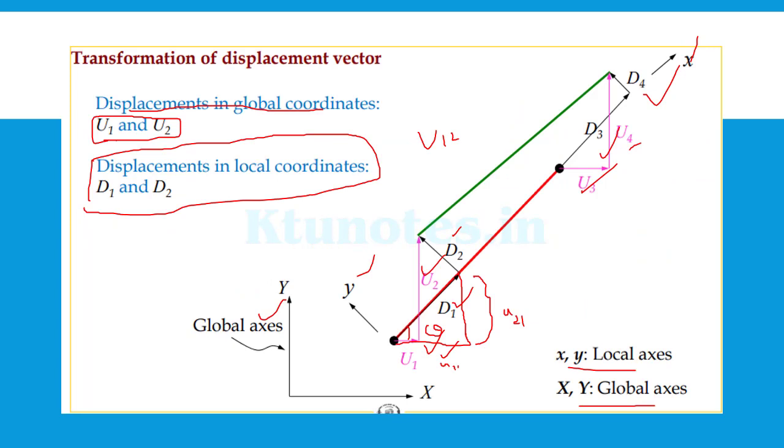Okay, so when you solve this triangle, you will get this angle also theta. So you can measure the various coordinate values, that is, upon a movement of d2, the corresponding horizontal displacement and the vertical displacement can be found.